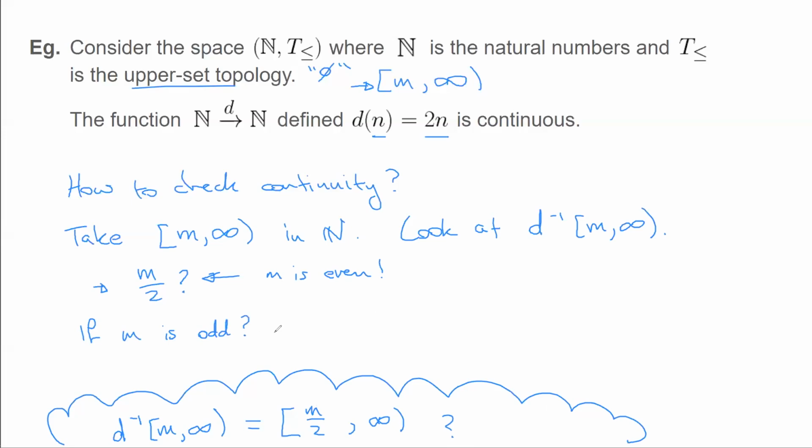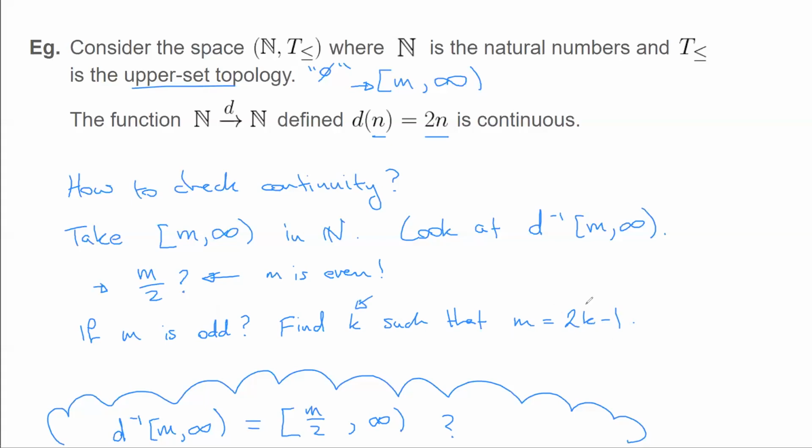In this case, we can find a natural number, say k, such that m is equal to 2 times k minus 1. And if you don't believe me, you can look at m over 2 and take the smallest integer which is larger than m over 2, and that gives you this k right here.